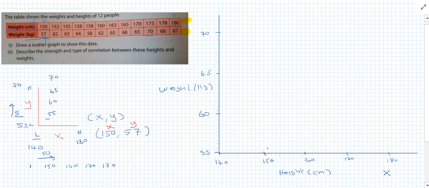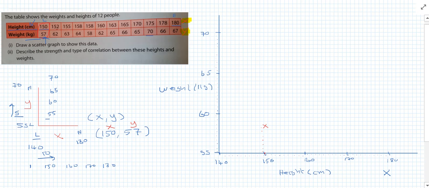So we stop here on the 150, and then we have to go up 57. So we have to go up 7 spaces. So 1, 2. Okay, so it's going to be roughly around here. That's our first point, and that's coming from these two guys here.